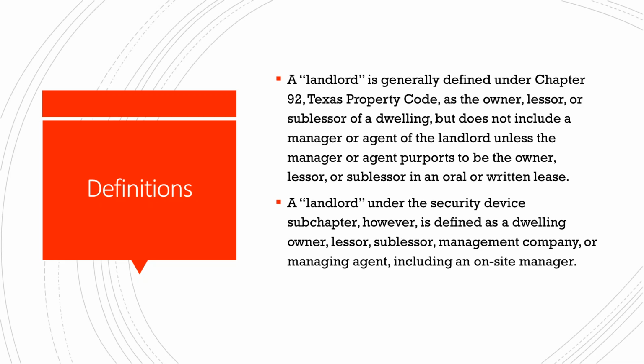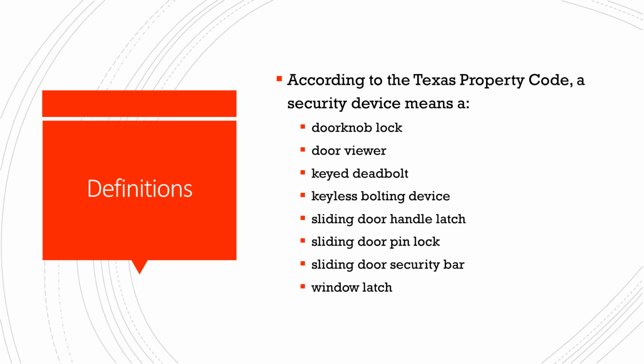But because most of you as property managers are independent contractors, you're not included in this. Now, this may not be a big deal for most of you because your landlord may already use a locksmith company to comply with these requirements, and that's certainly an option, but definitely something to be aware of.